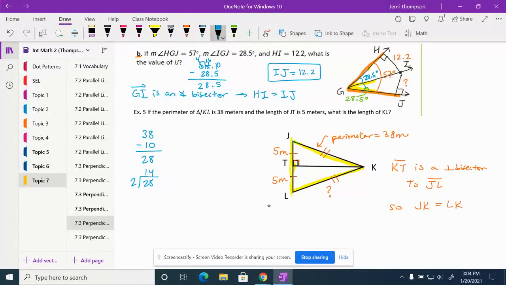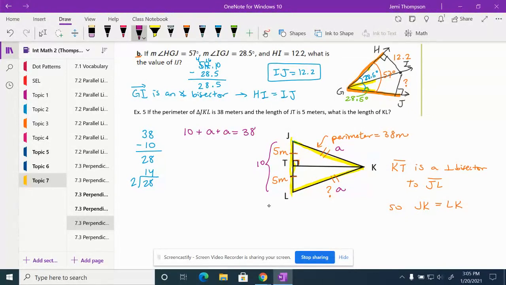Another way you can do this is you could write yourself a little equation here. So I've got this whole side here is 10. So I have 10 plus JK. Let's give this a name. Let's call it A. Which means this is also A because they're the same, right?